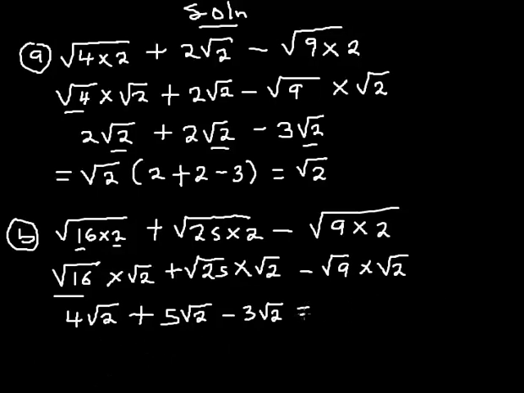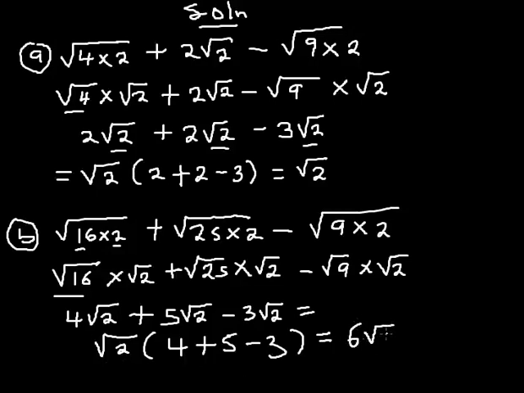So that's 6 root 2. Or we go by what we did before. Just take the root 2 out, open bracket, 4 plus 5, then minus 3. 4 plus 5 is 9, 9 minus 3 is 6, so 6 times root 2. So that will be 6 root 2.